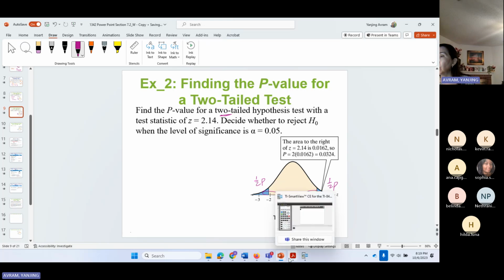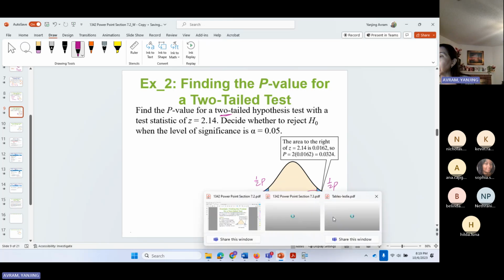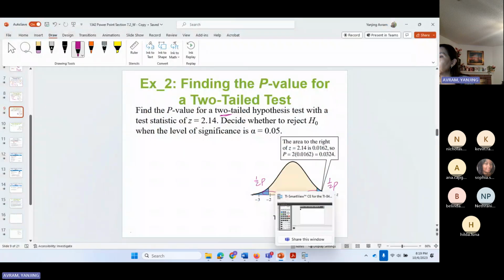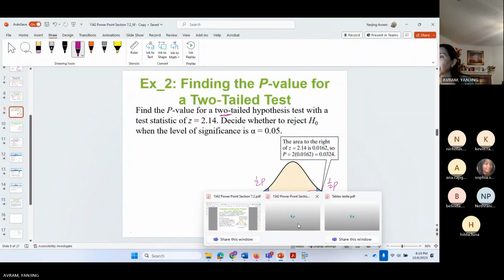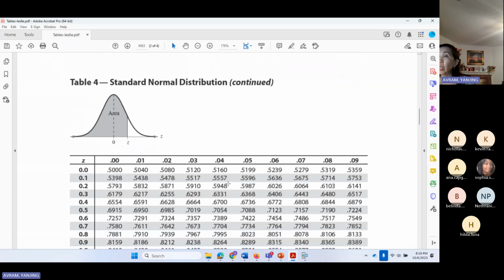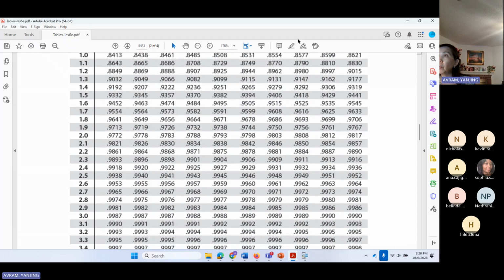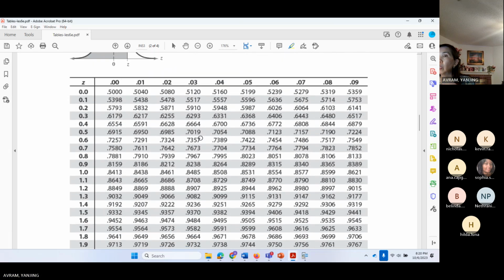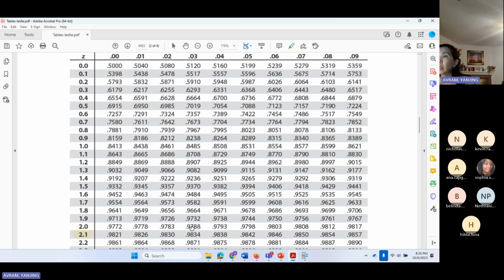So how do you find this one? Same thing. You go to read the table. Your z-score is positive 2.14. We have 2.1 in here, and 2.14 right here.